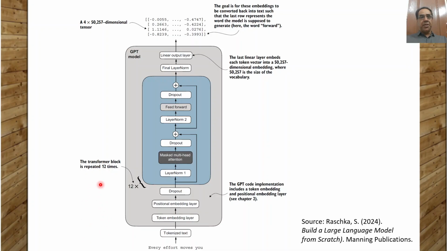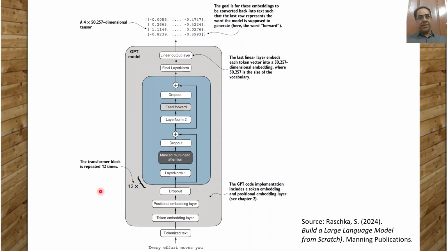This combined information forms a tensor that's passed through a series of transformer blocks shown in the center, which are stacked on top of each other and repeated 12 times.